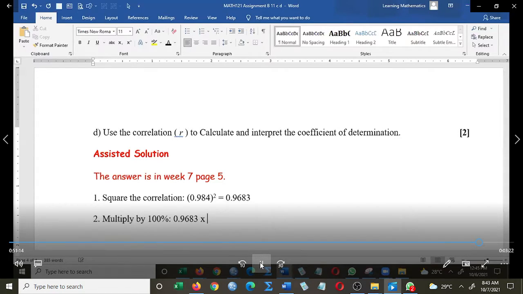So it's up to you. And when you multiply by multiples of 10, you just shift the decimal point. So you get 96.83%. And then you interpret.